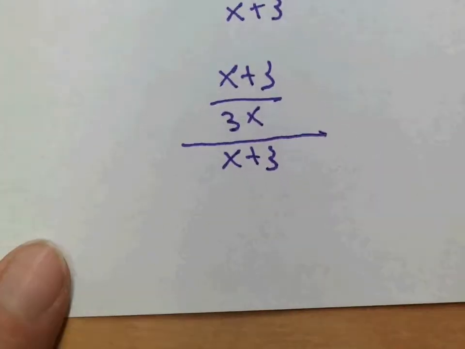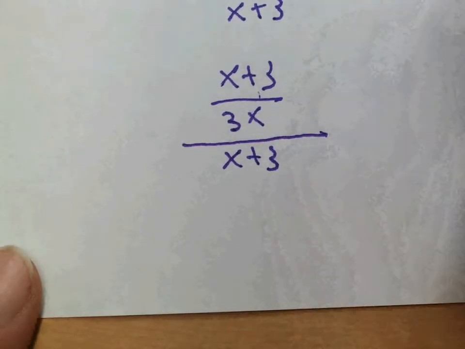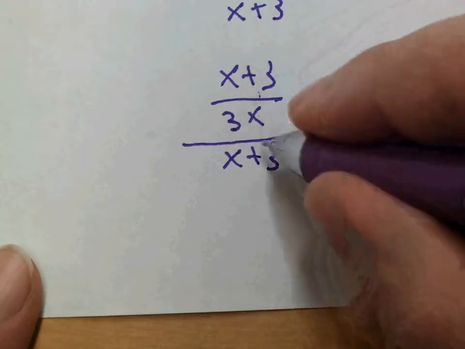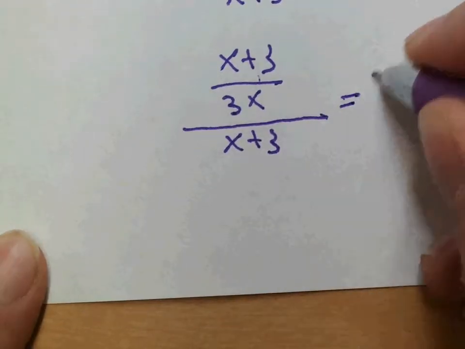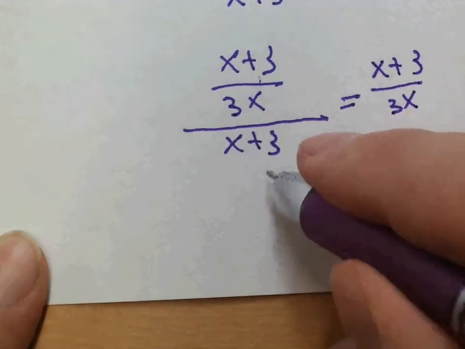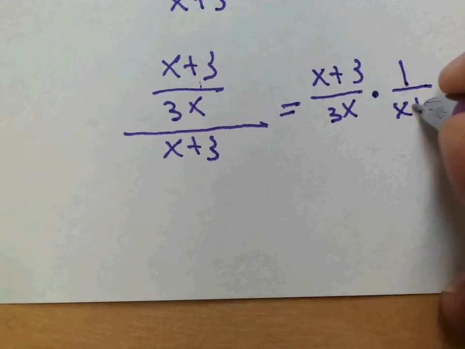So the next thing to notice is that we have a fraction divided by something. Dividing is the same as multiplying by the reciprocal, so I'm going to rewrite this as x plus 3 over 3x, and instead of dividing by x plus 3, we're going to multiply by 1 over x plus 3.